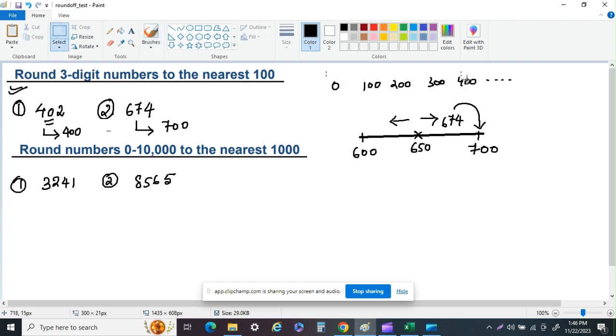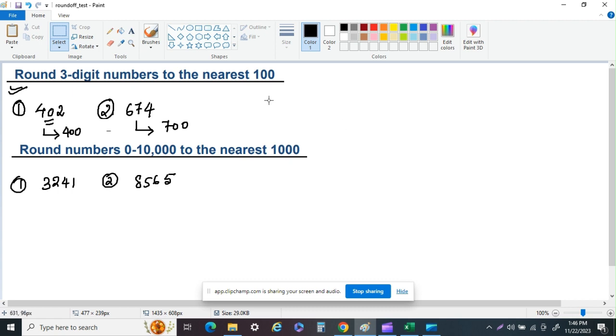Okay, now let us take the next example, where we will be rounding off to the nearest thousand. Look at these two examples. 3241. Now, what you have to think here is what the different thousands are that we have.